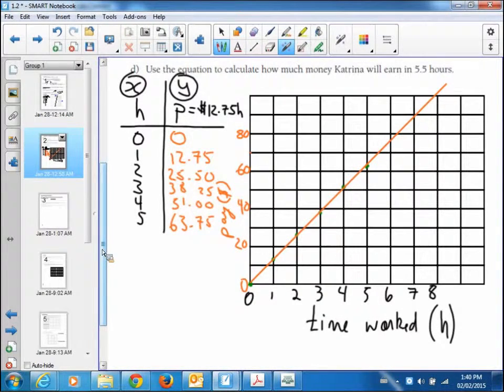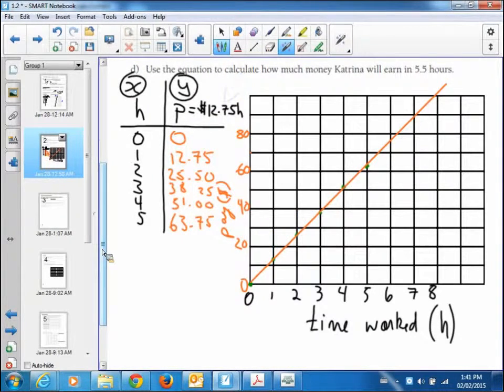What did you multiply every time to get her pay? 12.75. So it should make sense that if you go up 12.75 and over 1 hour, the slope is 12.75. Just look, 1 more hour, up 12.75 over 1 hour. And what I wrote down is that we're multiplying 12.75 times the h, the hours. You don't actually have to calculate the slope in this case because you knew what the rate of pay was.